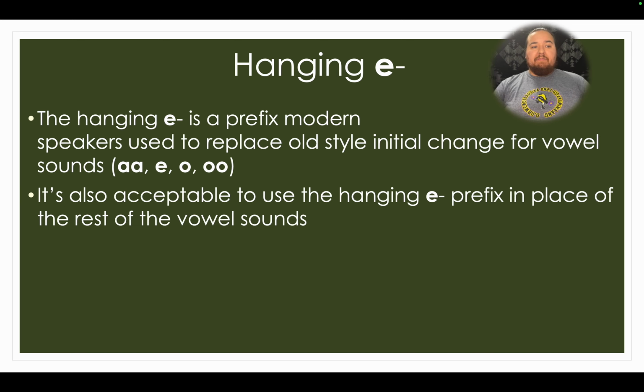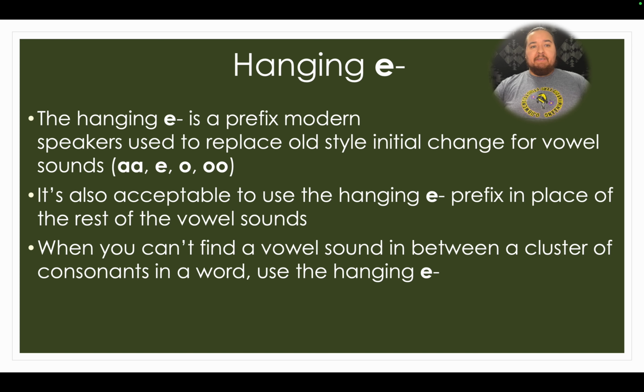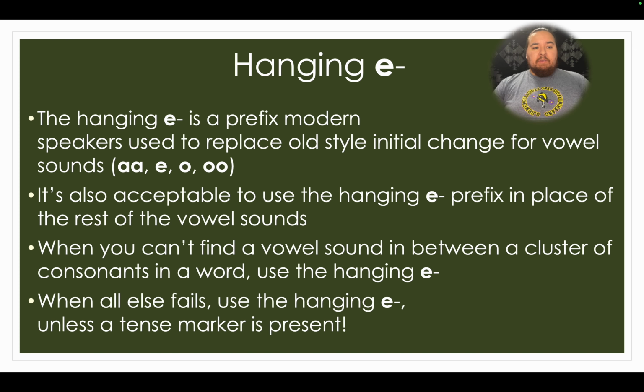So when you can't find a vowel sound between a cluster of consonants in a word, feel free to use the hanging E prefix. Like in an example like mnikwe. If you didn't know what the vowel sound was, you can use a hanging E, mnikwe, and then whatever your B form suffix. So when all else fails, you can use a hanging E unless there's a tense marker present.